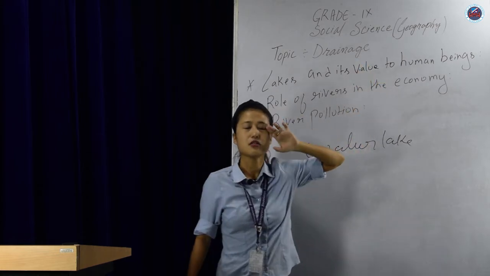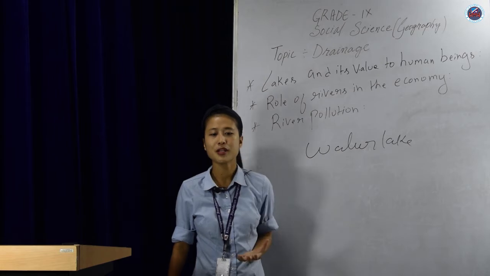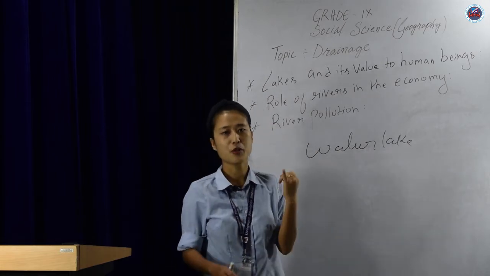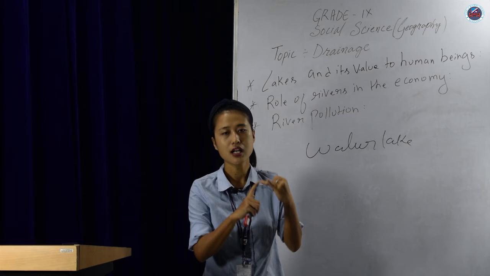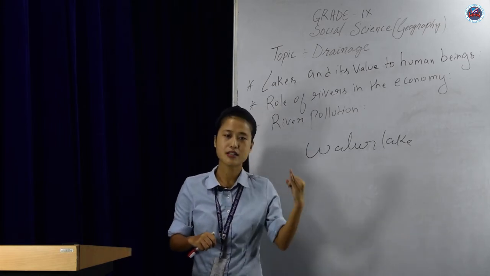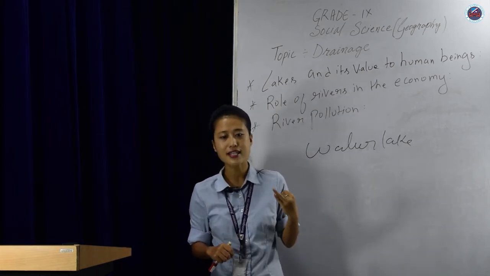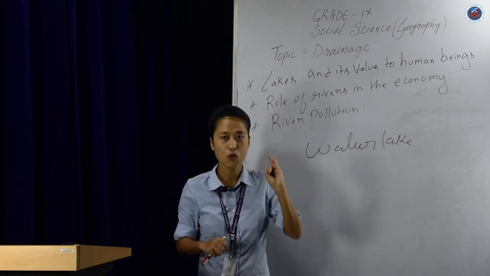It is always said that lakes are of great value to human beings. In what way? First point, lakes help to regulate the flow of a river. Second point, during heavy rainfall, they prevent flooding, and during the dry season, they help to maintain an even flow of water.